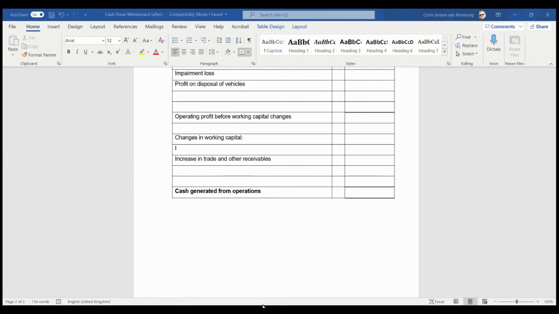If there's an increase in your trade and other receivables from the beginning of the year to the end of the year, did your debtors pay you better this year than last year, or did they pay you worse? Type for me, better or worse. Sounds like marriage vows, for better or for worse.